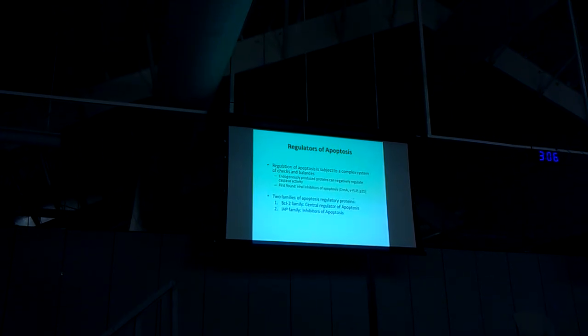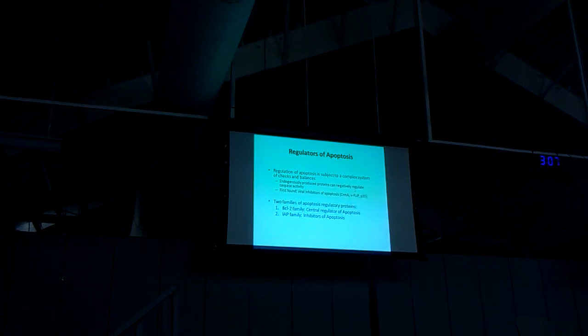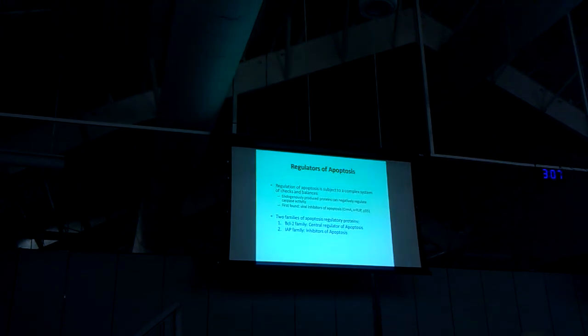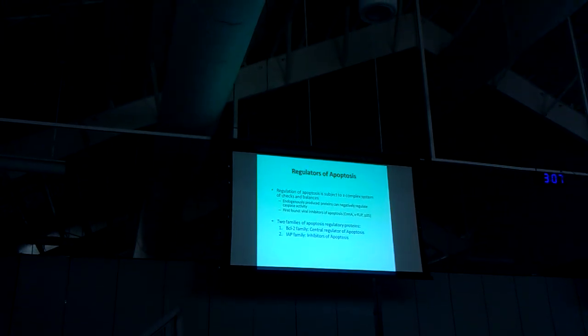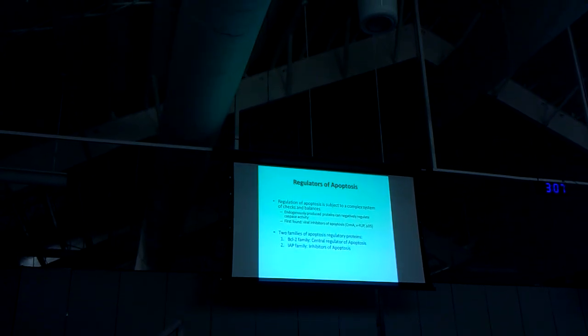To regulate apoptosis, we have two different families of inhibitors of apoptosis. These were first discovered with viruses. You can imagine that a virus infects one of your host cells and wants a home, a place to make more copies of itself.